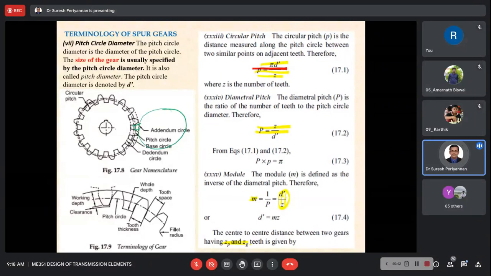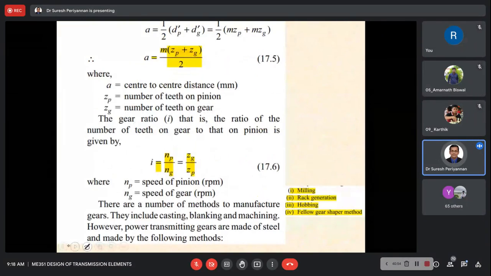Now, what is the center distance? This distance we are finding, this is gear 1 or pinion, this is gear 2, both are gears.